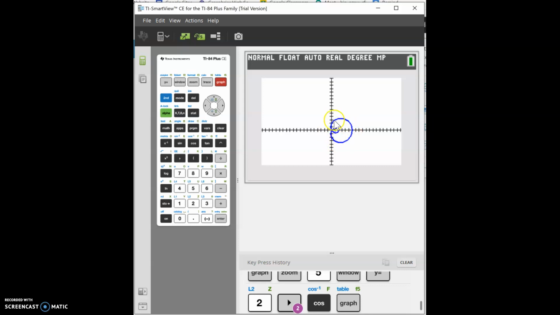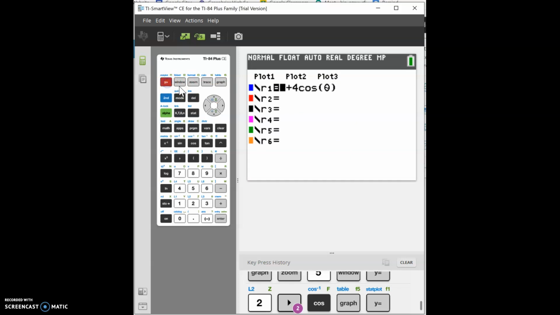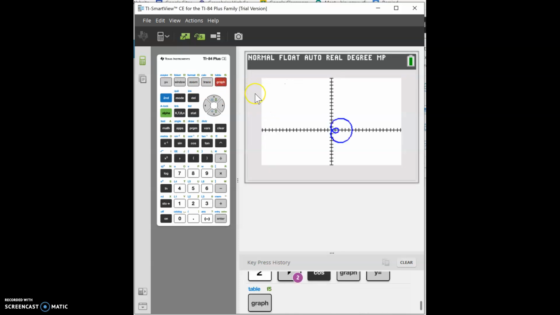This is called a limaçon with an inner loop. And that happens when the A value is smaller than the B value, so 2 is smaller than 4. You'll also notice that because I typed cosine instead of sine, it's now oriented on the x-axis instead of on the y-axis.